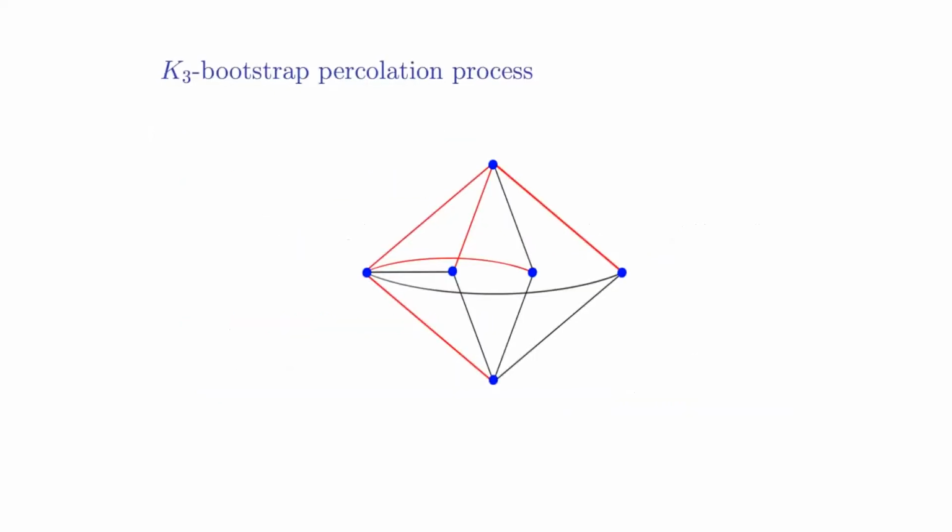I even give here a picture where I try to show how the red subgraph percolates in the red and black graph. So we have our graph G, which contains all these red and black edges, and the spanning subgraph H contains only red. It has 5 edges. It is a tree, and our graph F is a triangle.